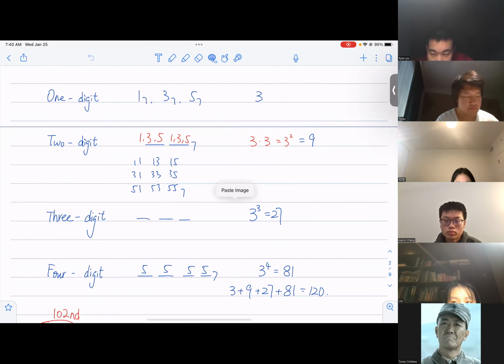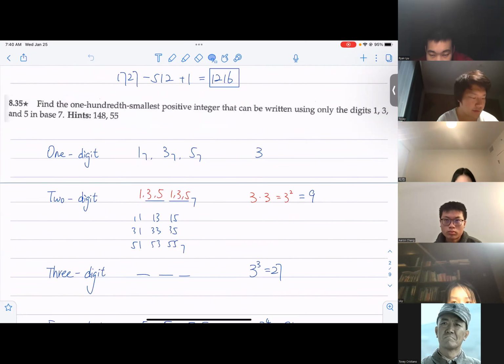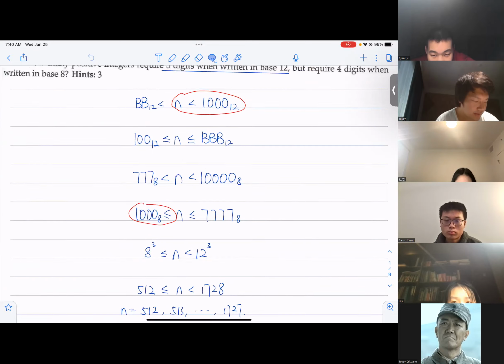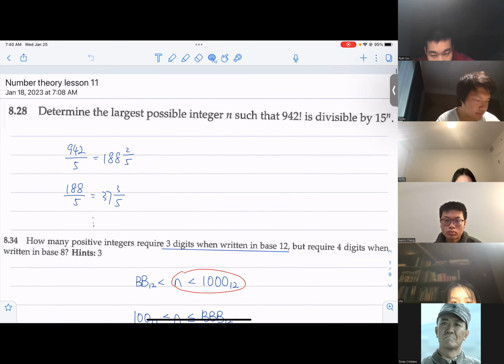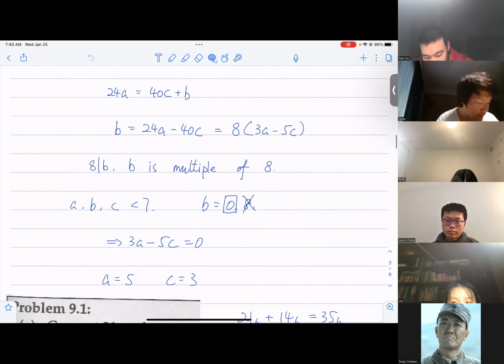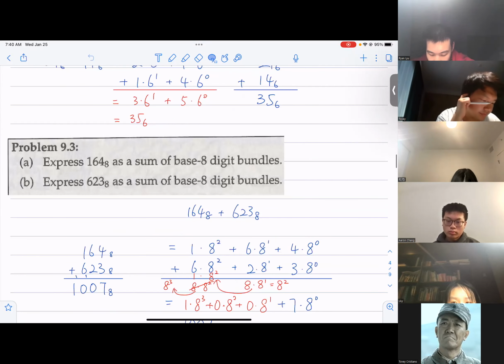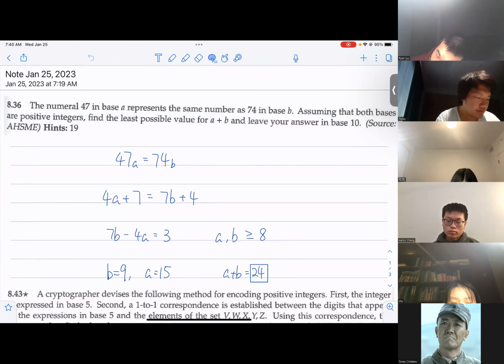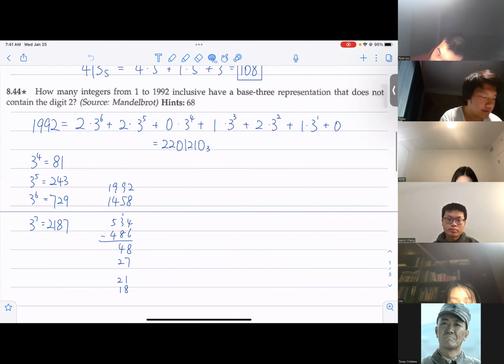So that's why we use a bunch of powers of 3. Yeah, we've done these 2 questions that are pretty similar to this one, okay? So that was a big hint. You guys have any other idea?